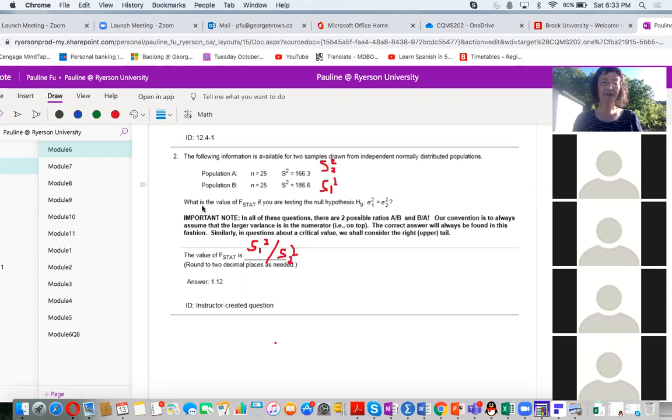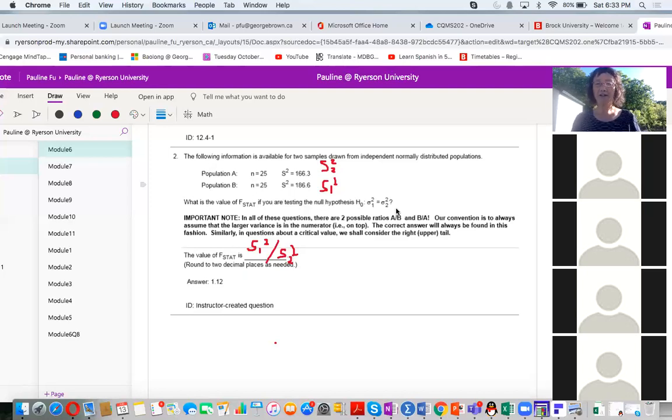The question asks you, what is the value of test statistic for F if you are testing the null hypothesis H0, sigma 1 square equal to sigma 2 square? Okay, that is the question.